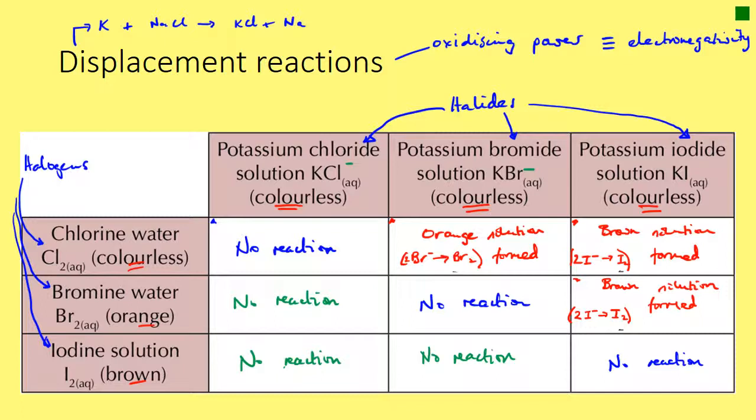If that is true, what would happen is that the bromine would not be able to displace the chloride from potassium chloride. So the chloride would stay as chloride and wouldn't come out, and you would see no reaction here.